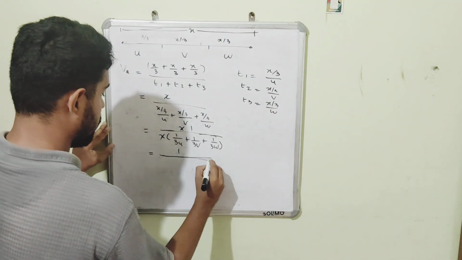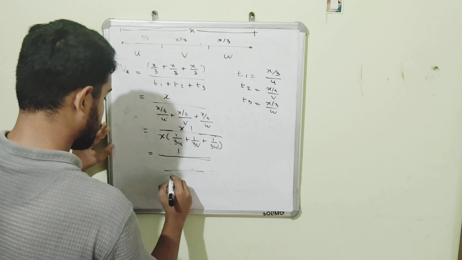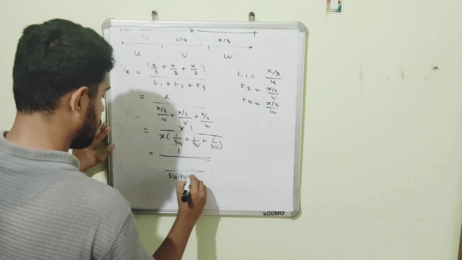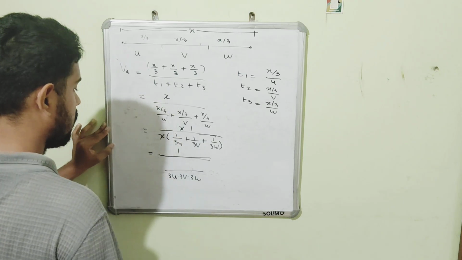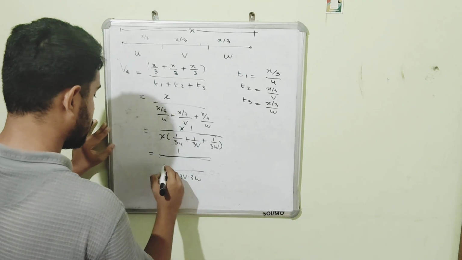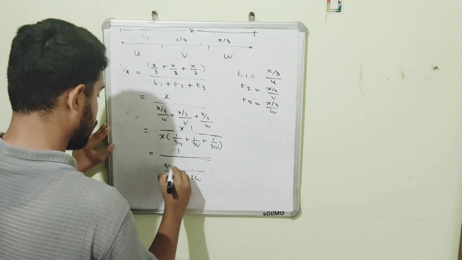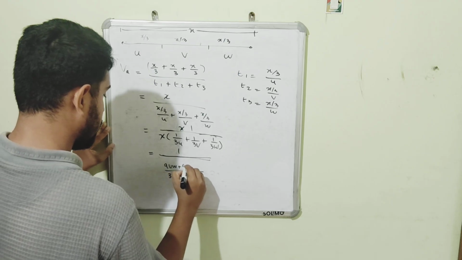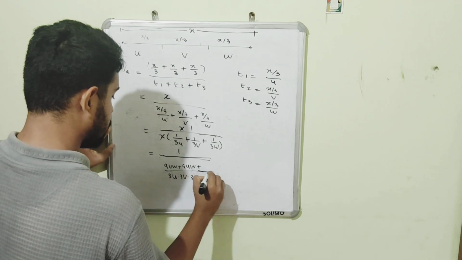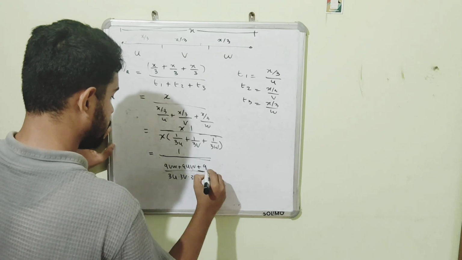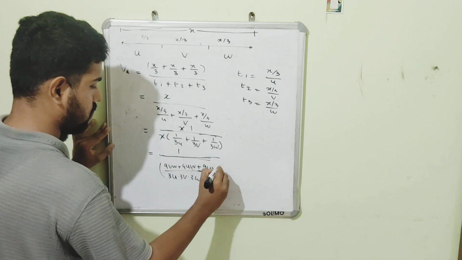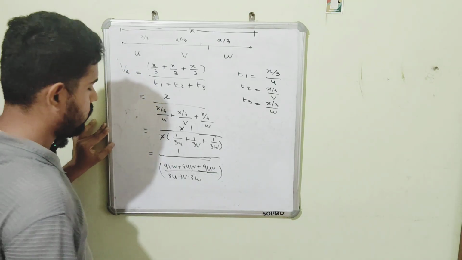So what we get, 3u into 3v into 3w, and here we get 9vw, 9uw plus 9uv. Okay, it is just an LCM method or cross multiplication method, you can do in any method.